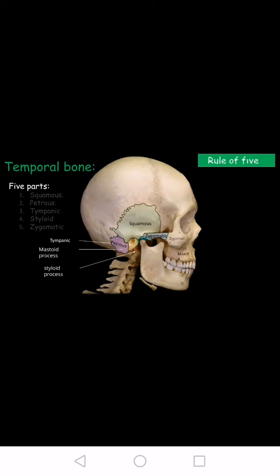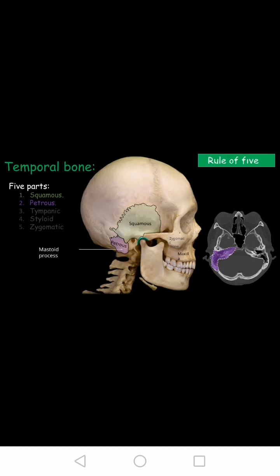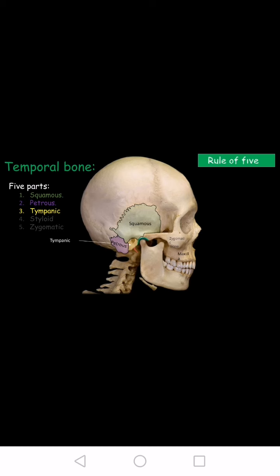The middle fossa is made of two bones, the sphenoid bone and temporal bone. Temporal bone is made of five parts as well. The first part is squamous, which is going to make the lateral cover with the parietal bone as well as sphenoid bone of the skull. And petrous bone that includes the mastoid, petromastoid part or segment of the temporal bone.